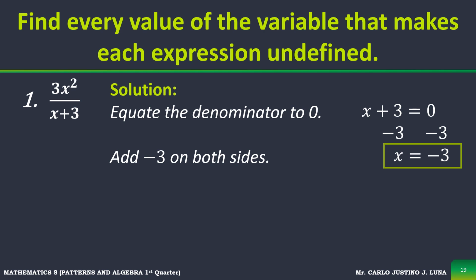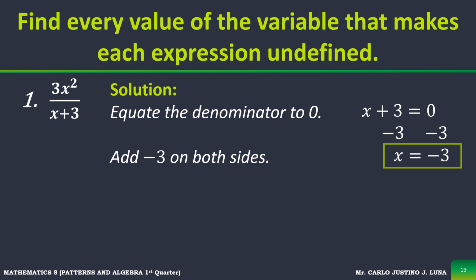Let's check. Let's change our x with negative 3. So, in our denominator, x plus 3, it will become negative 3 plus 3. So negative 3 plus 3 is equal to 0. And that will make our expression undefined. Okay?